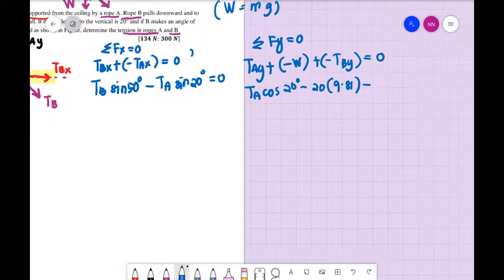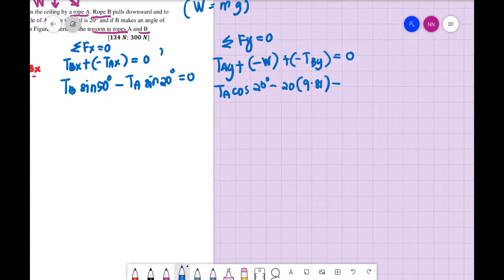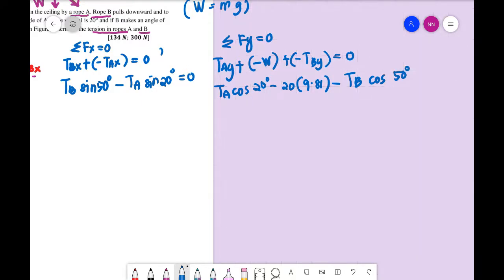Minus TBY, relate TBY with TB and angle, so it becomes TB cos 50 degrees, equals 0.